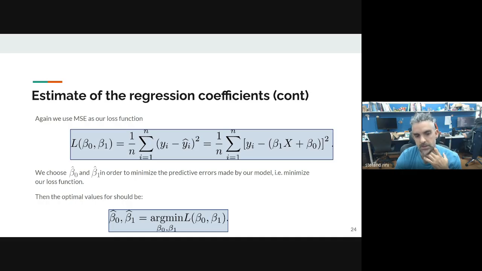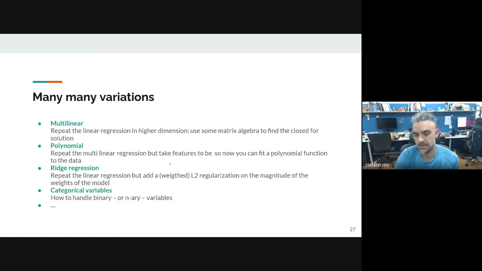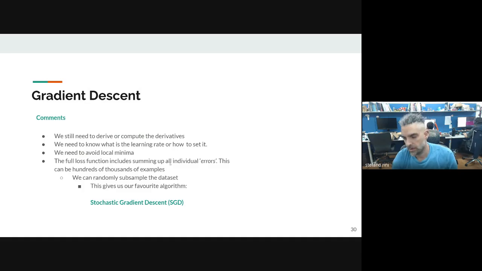You want to take just a subset of your dataset elements and take the derivative with respect to that subset, which means that you have to randomly select these elements in order not to bias your gradient evaluation. And when you do that, you have a stochastic version of the gradient, which approximates the true gradient over the dataset. And we call this stochastic gradient descent, or SGD.